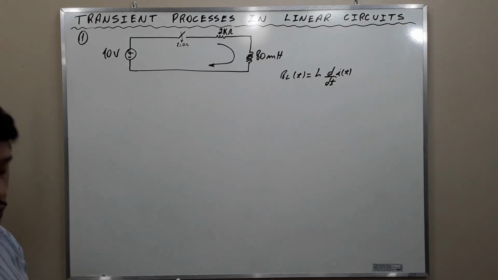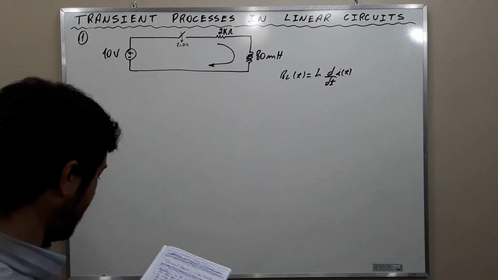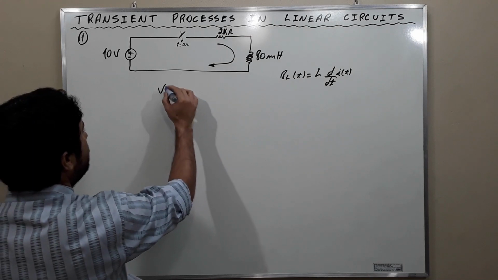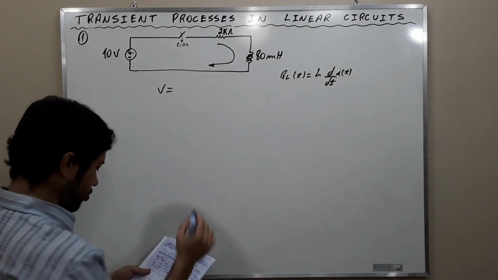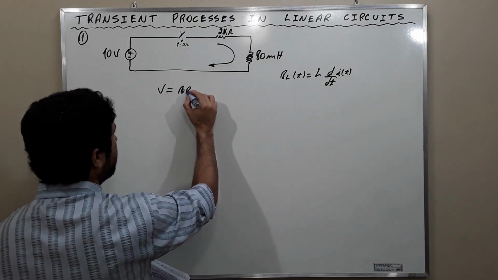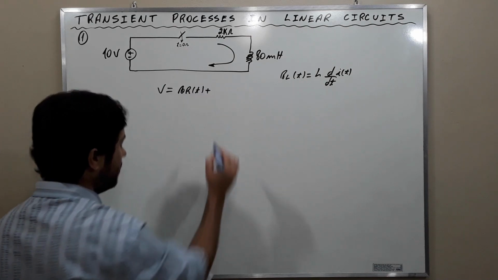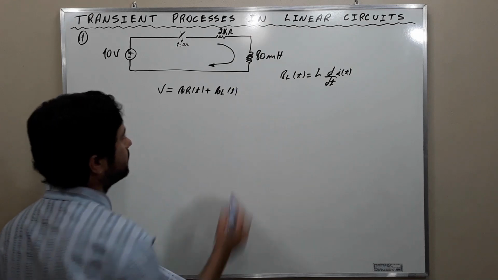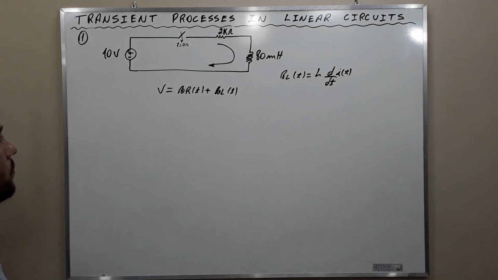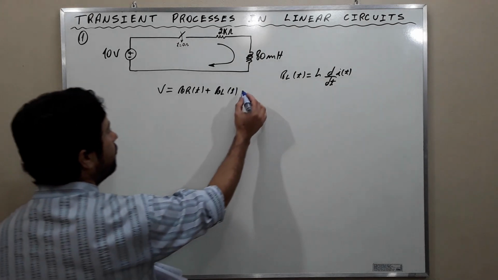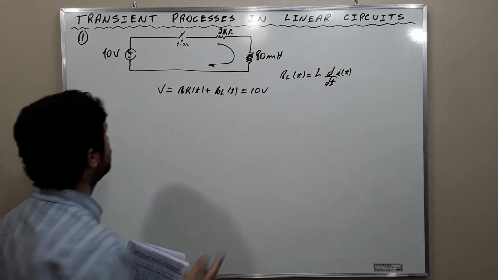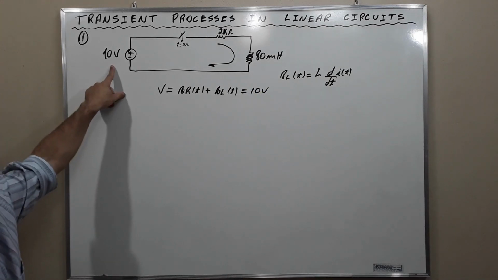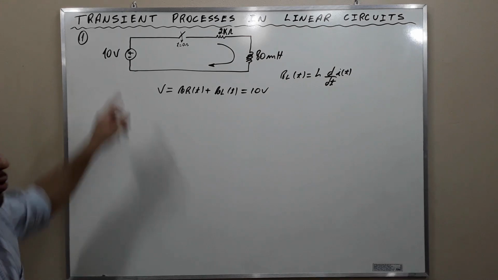After the switch is closed, we have that V is equal to VR of t plus VL of t. This voltage is equal to the voltage of the power supply, 10 volts.